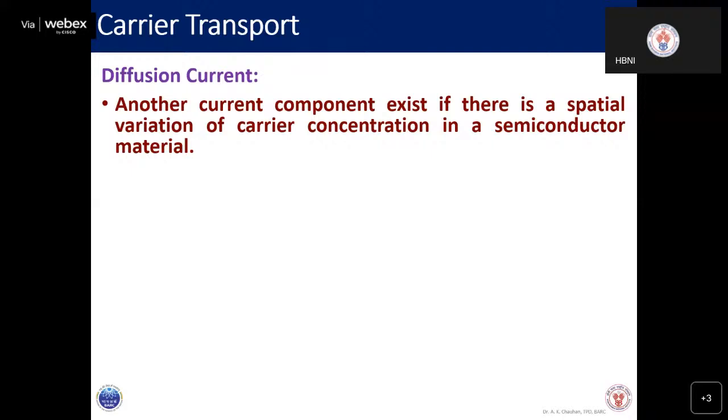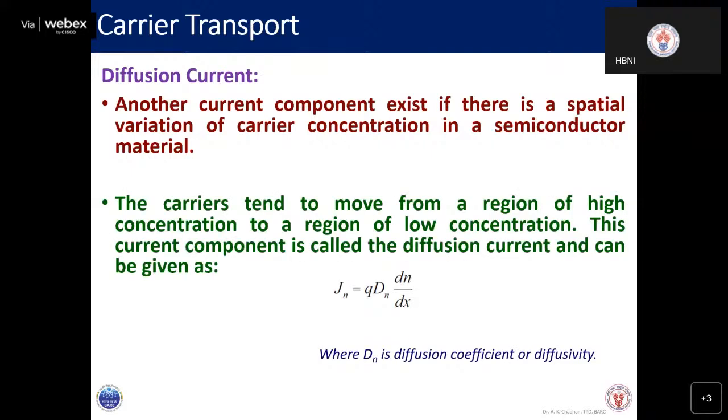So these carriers will move from one place to another, and since the carriers are moving, the current is also flowing. The carriers tend to move from a region of high concentration to a region of low concentration.